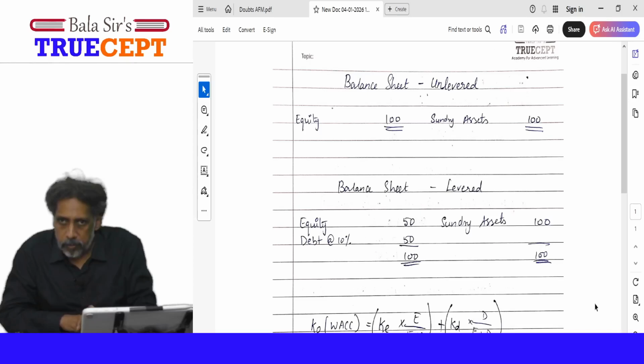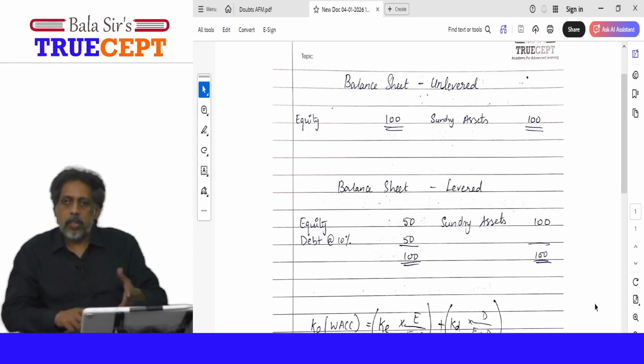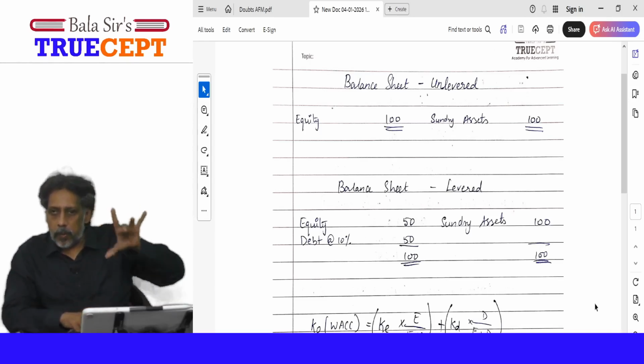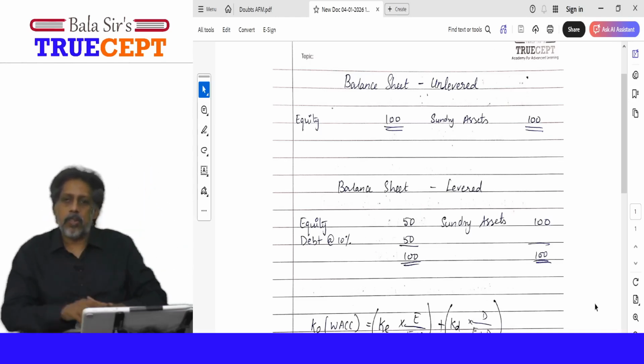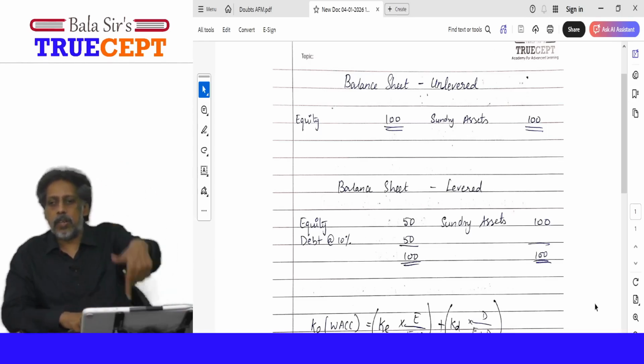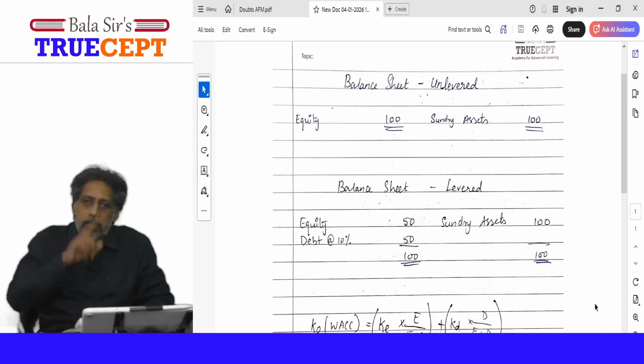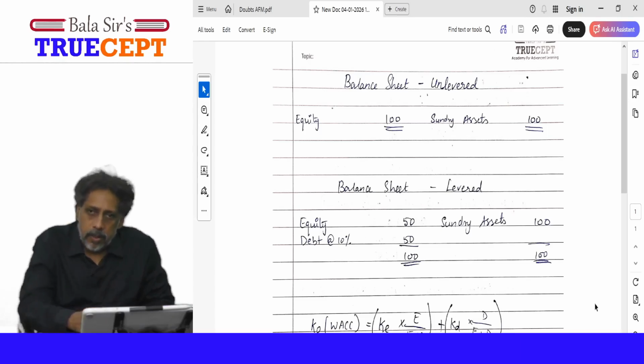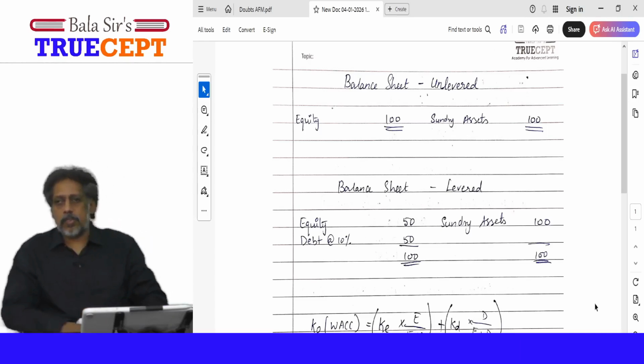So that minus 5 rupees interest, 10% on 50. So the net 15 rupees will be the profit available to shareholders. Now what is 15 rupees upon 50 rupees equity funds into 100? 30% will be the return that can be expected by shareholders, and that is the return they want given the capital structure.